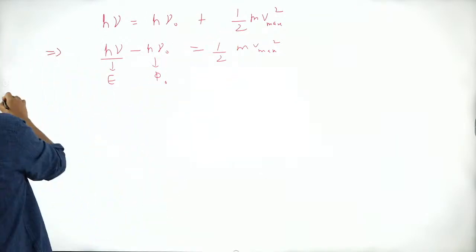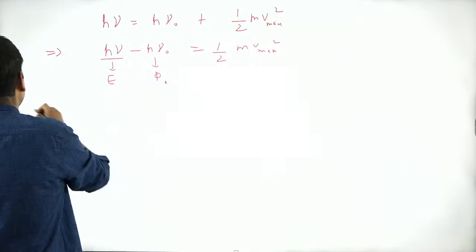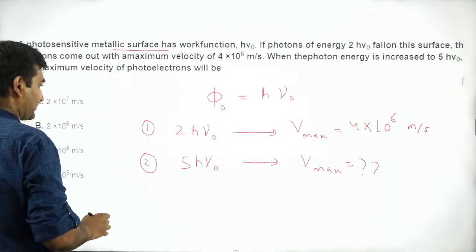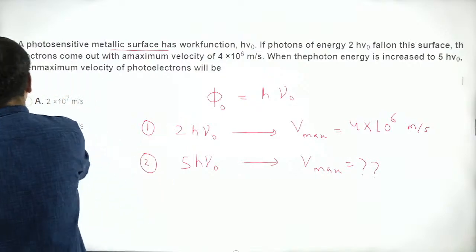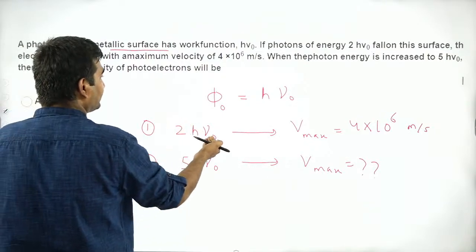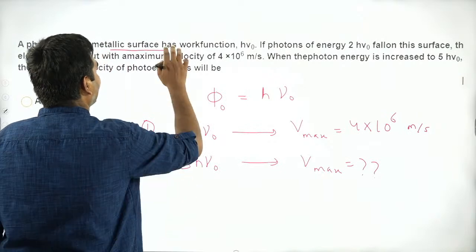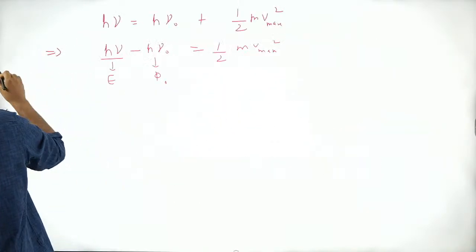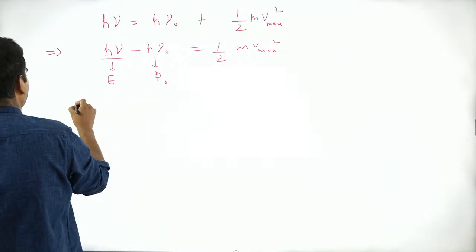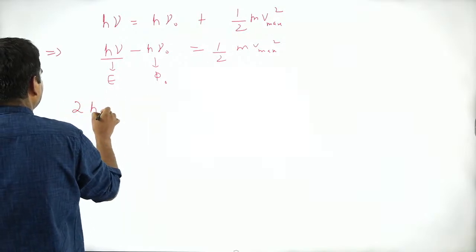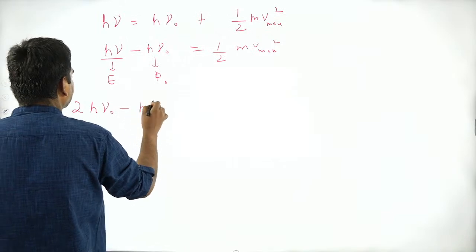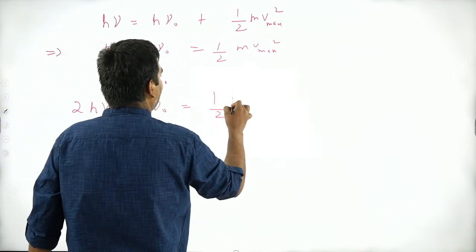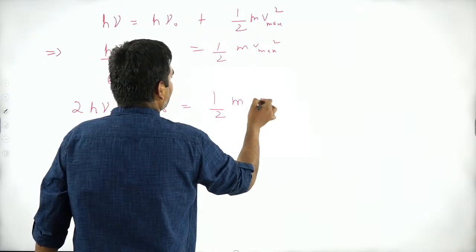Based on this, we'll be making two equations. For the first part, we can write it this way. It is 2 h nu naught, and the threshold is h nu naught. So our first equation will be 2 h nu naught minus h nu naught is equal to half m Vmax square.